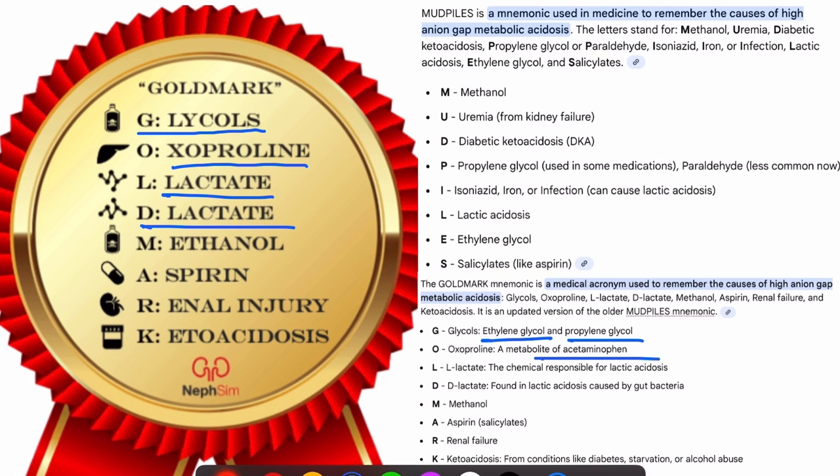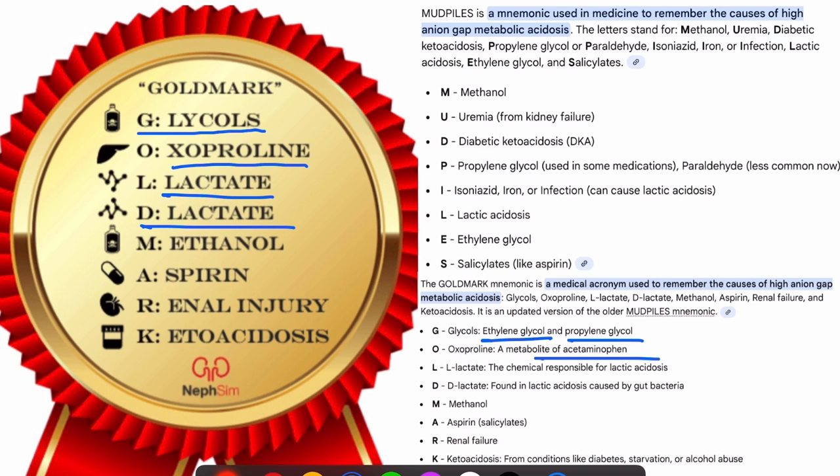In those situations, because of the tissue hypoxia, the production of L-lactate will be elevated and cause high anion gap metabolic acidosis. Whereas D-lactate usually comes from the gut bacteria. It's usually seen in patients with long segment bowel resection or short bowel.